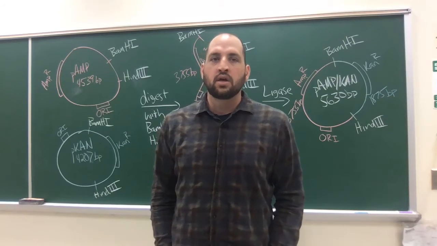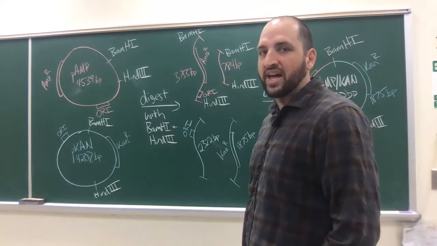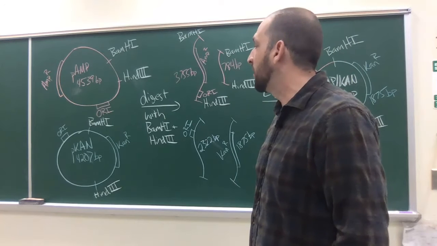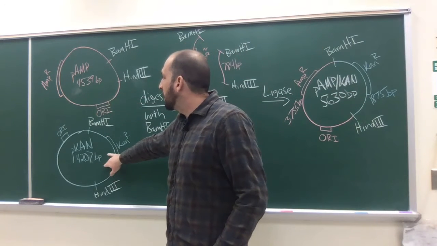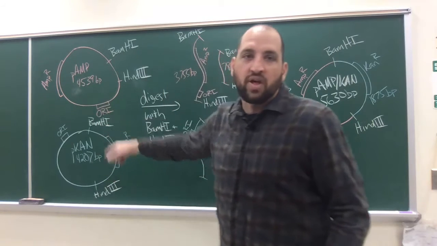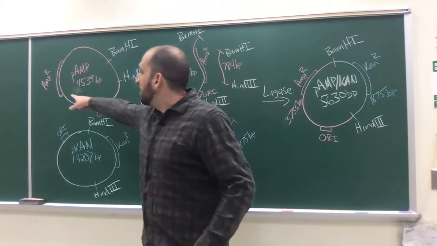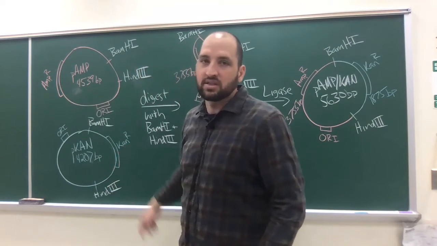So, all right, I've got behind me a sketch of the different plasmids that we were using. If you remember way back before we started spring break, we had the pAMP plasmid and the pCAN plasmid. Both of those plasmids have a resistance gene. pAMP has the ampicillin resistance gene, and pCAN has the kanamycin resistance gene.